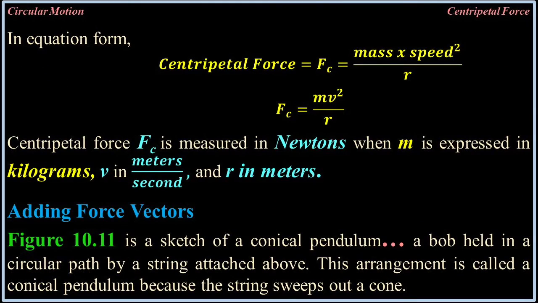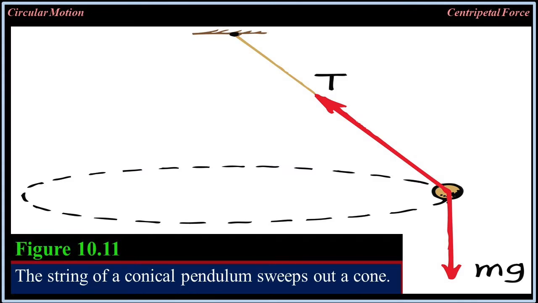In the equation, centripetal force equals mass times speed squared divided by the radius, F c = m v squared / r. Centripetal force F c is measured in newtons, where m is expressed in kilograms, v in meters per second, and r in meters.